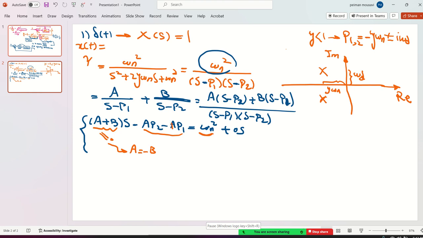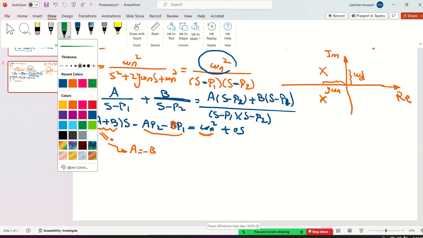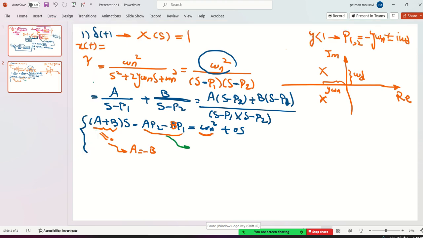So you get, where I said this is B p1. Sorry guys. So being said, you say minus A p2 minus B p1 is equal to omega n squared, but A is equal to minus B, I'm putting here. So you're going to have B times (p2 minus p1) is equal to natural frequency squared.